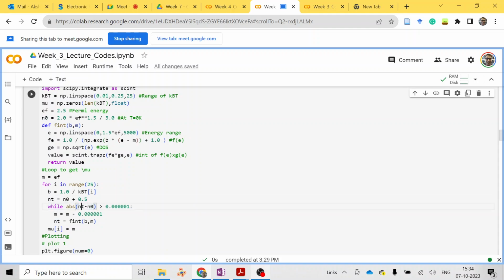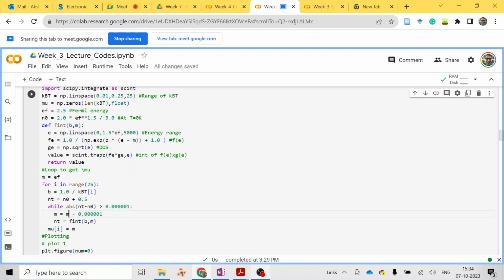Now, our algorithm, as you remember, is that we keep changing this mu until, at a given T, we start with a guess value of mu and tune it until you get n equals n naught. So we have taken a threshold criterion: the difference should be less than 10 to the minus 6.